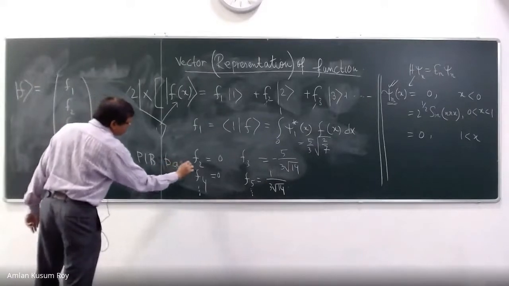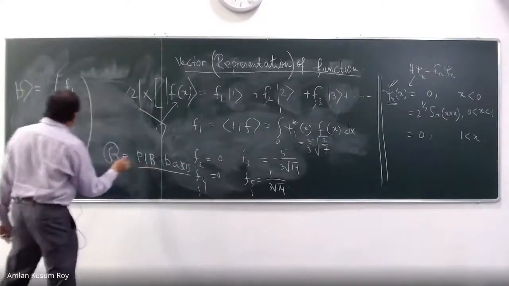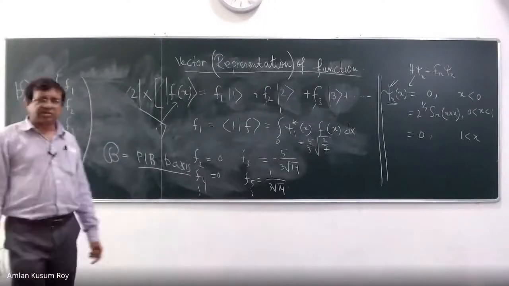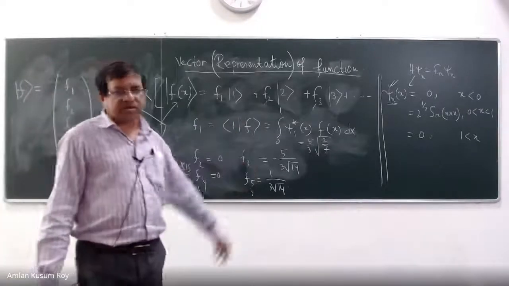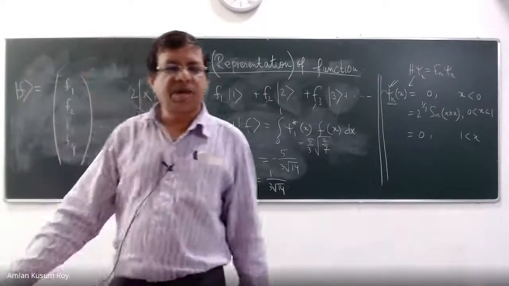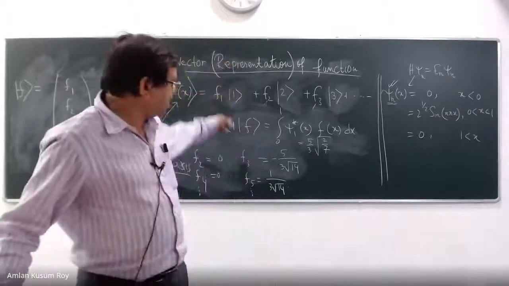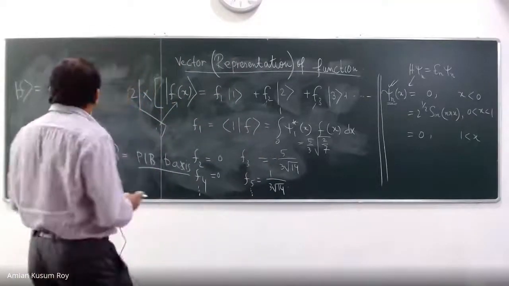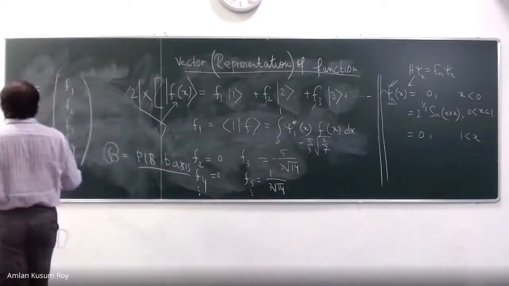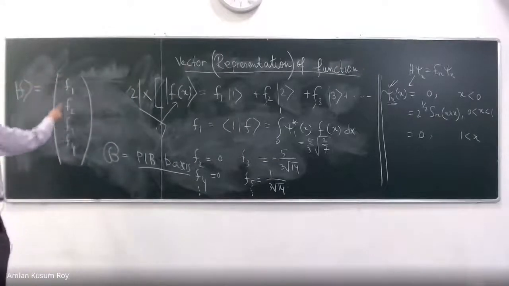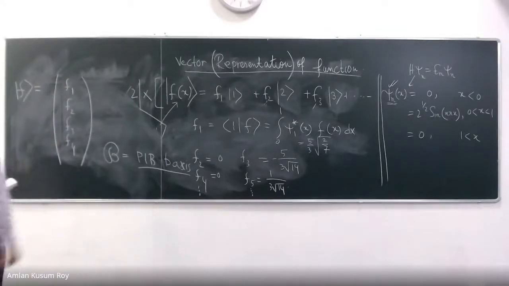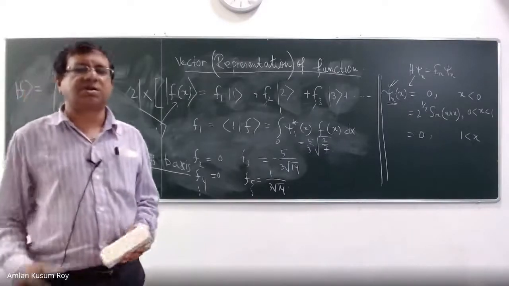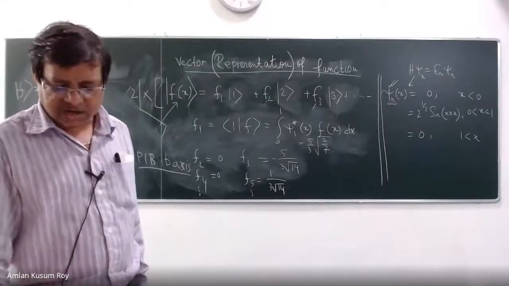If you mention this, your F1, F2, F3, F4, F5 are unique, just like you saw. If you change the basis, you have to find the coefficients again. So this is the representation of the function in a given basis. This representation is a column matrix, a vector representation of the function. We are going to represent a ket by a vector.